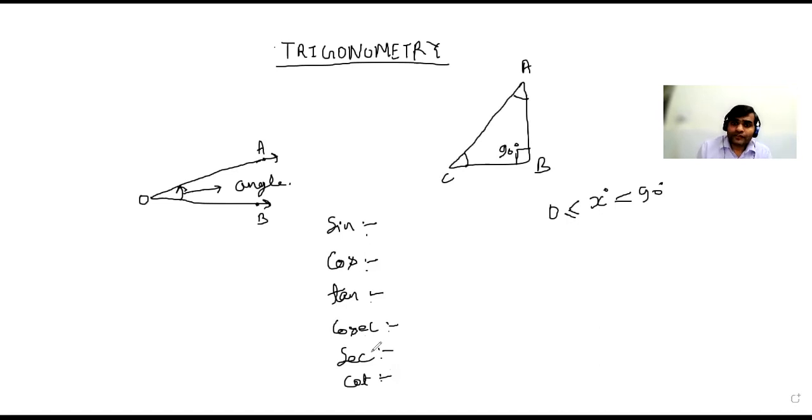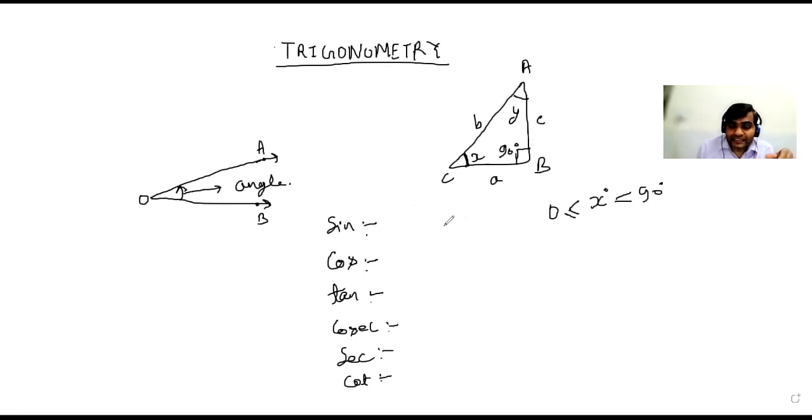Now, what do these ratios say? These ratios give the relationship between any acute angle and the sides of this triangle. If this is side A, this is side B, this is side C, and if this is angle X and this is angle Y, then what will you say?